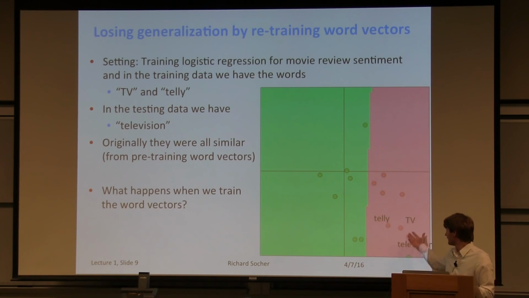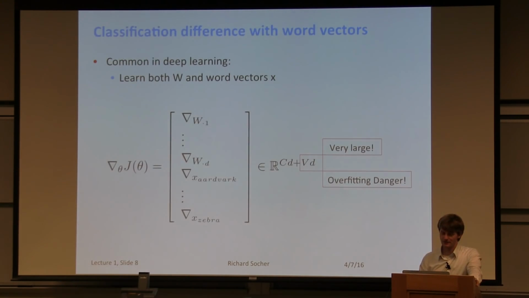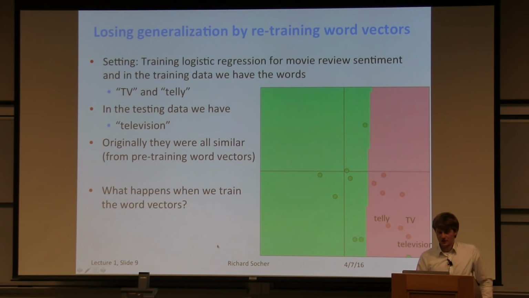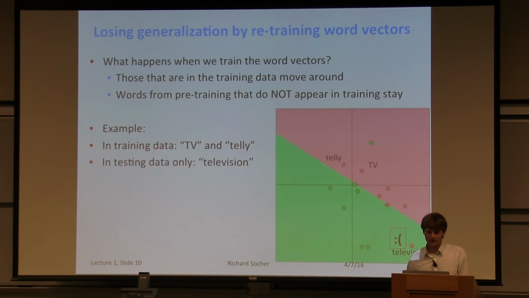But let's see what this means when we say we update the word vectors and we basically include them in our updatable theta vector. So what happens now when we train the word vectors? What do you think would happen intuitively when you start propagating TV and telly, and you might say they are negative, for instance? Well, they will start moving around.